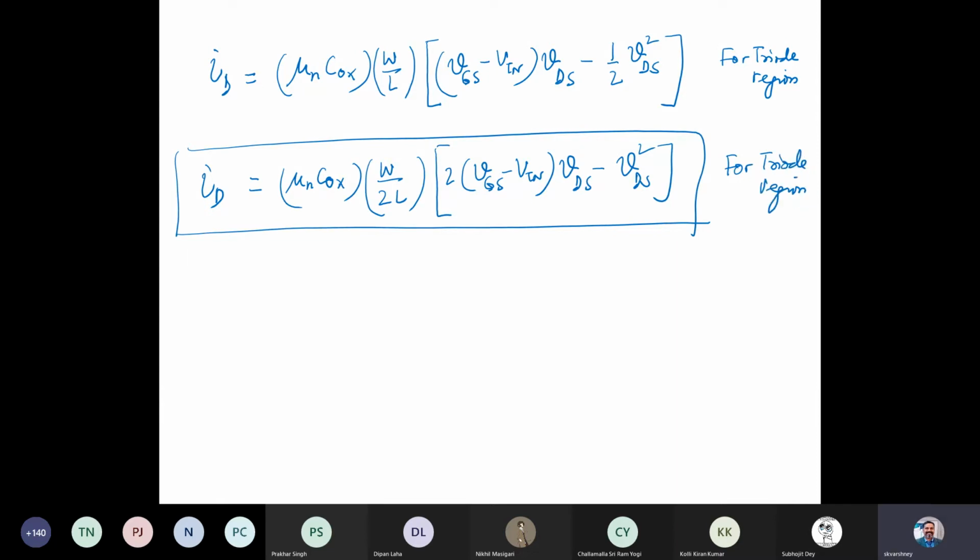In the case of the saturation region, the current at the beginning of the saturation region: what we do here is substitute VDS as VGS minus VTN, and then we can rewrite it.